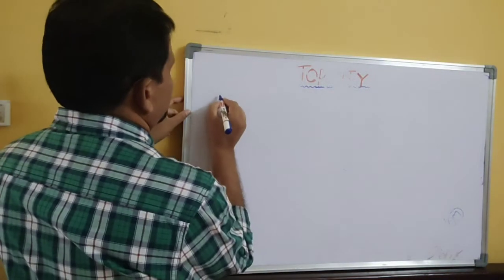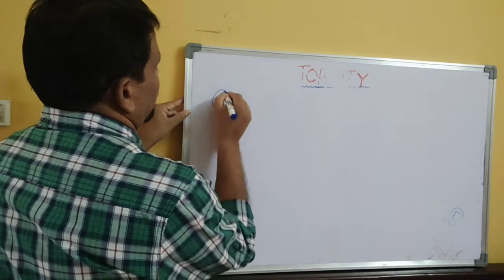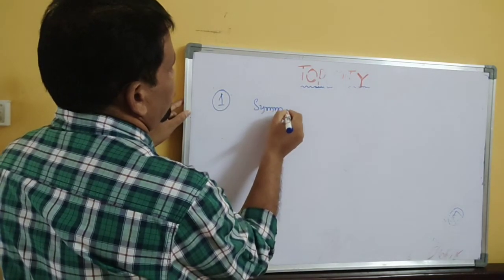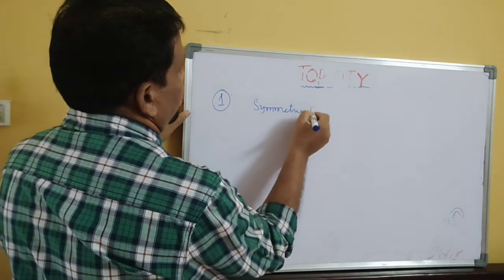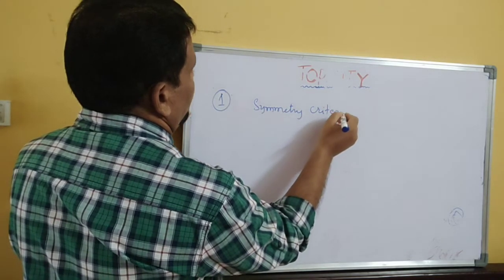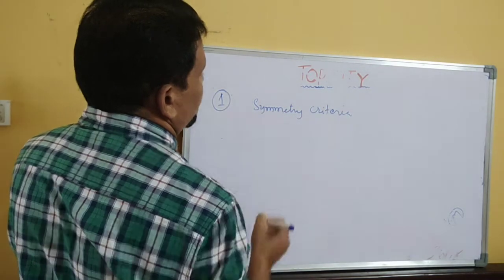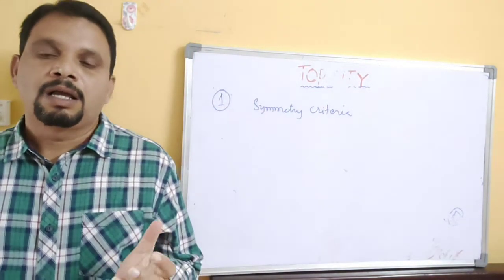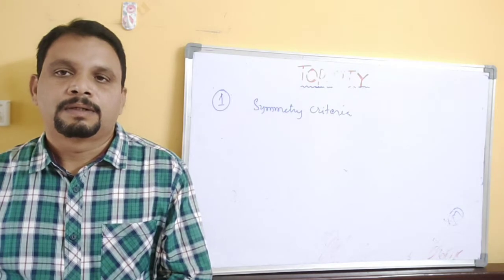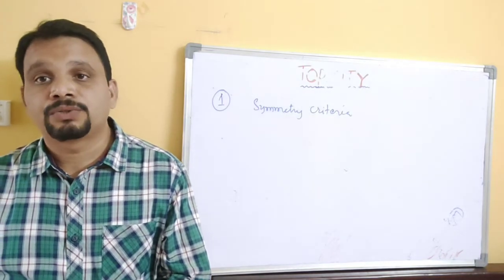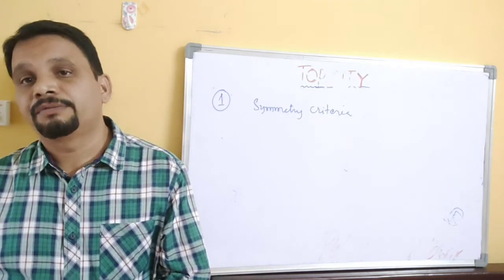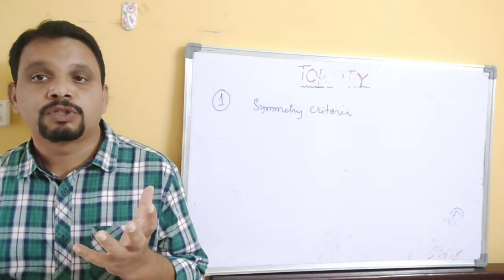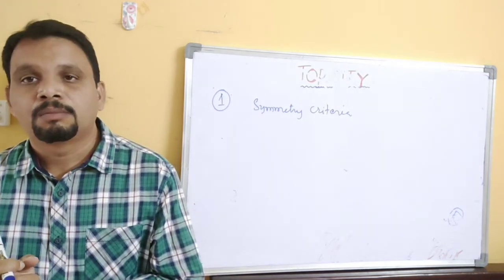First, let us try to understand the symmetry criteria. By using this criteria, how can we find out whether the given atoms or groups are homotopic or not in a molecule.